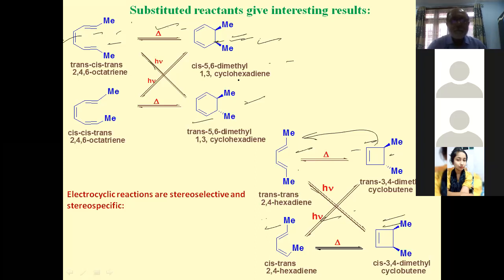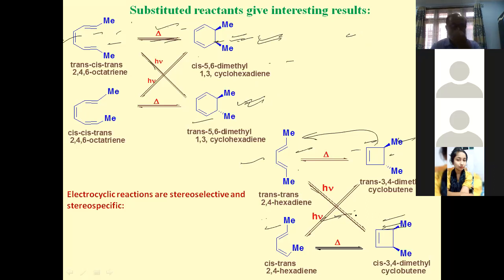But now you get here the cis product with thermal condition, but with photochemical condition you get here trans. Again, from this one, when it is diene, under thermal condition you get trans, under photochemical condition you get cis.